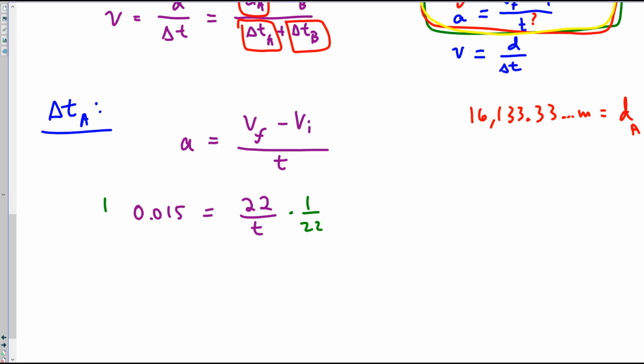So to solve for time, we have to first move it over to the numerator, which is kind of like cross-multiplying, right? And then we'll have 0.015 times t equals 22. So next we'll divide both sides by 0.015.